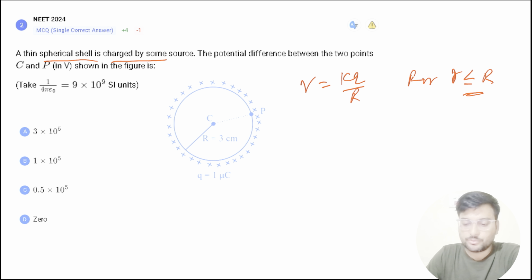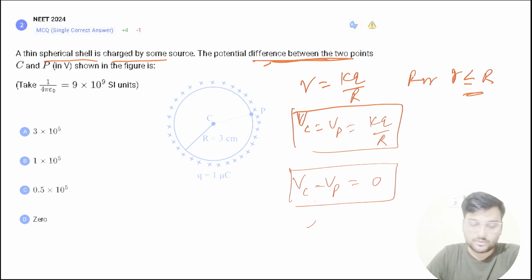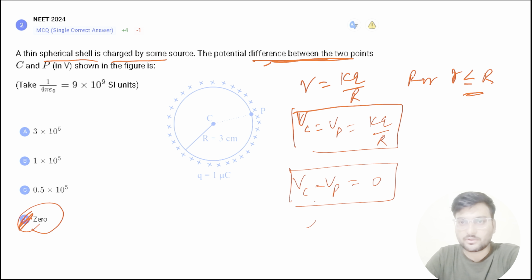So the potential at point P, at point C and at point P are the same, that is kq by r. So if they ask you what the potential difference is, in this case it will be zero. Why? Because both potentials are the same. So we can say D is the correct option here, right?